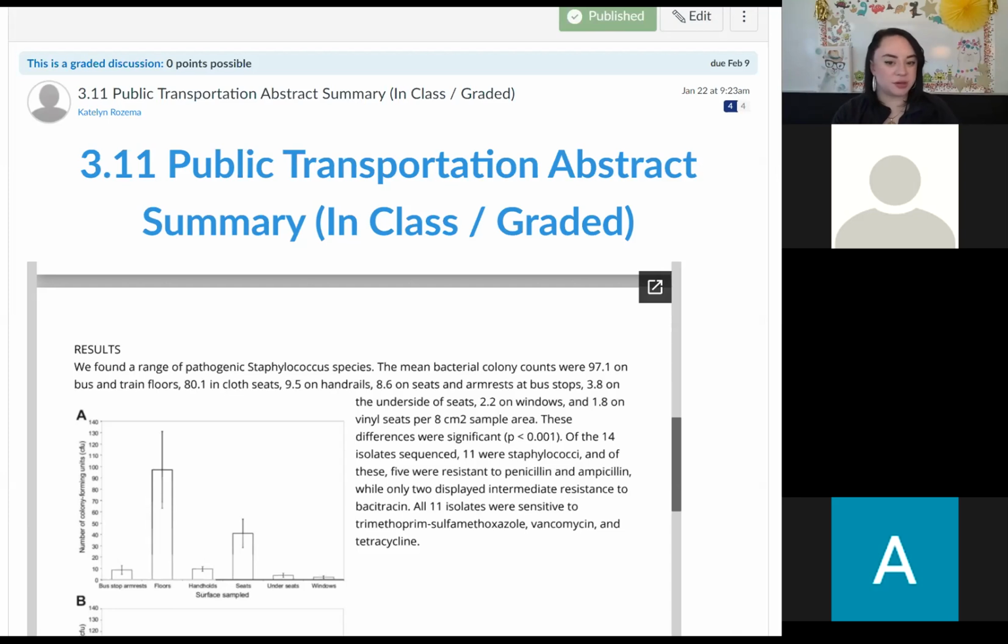So what are the surfaces that have lots of bacteria and what are the surfaces that have fewer bacteria?